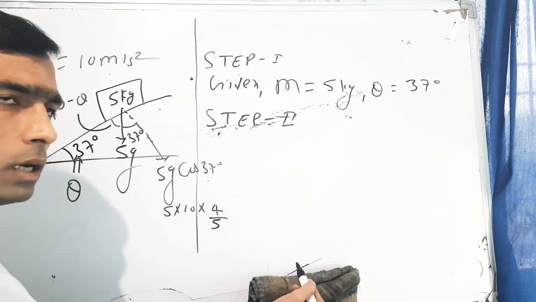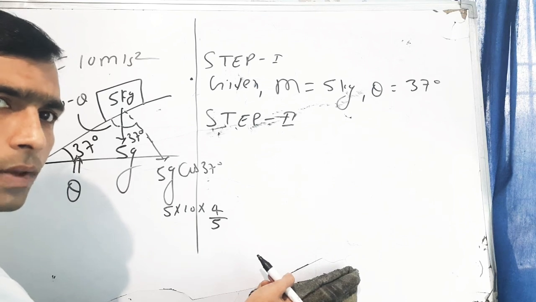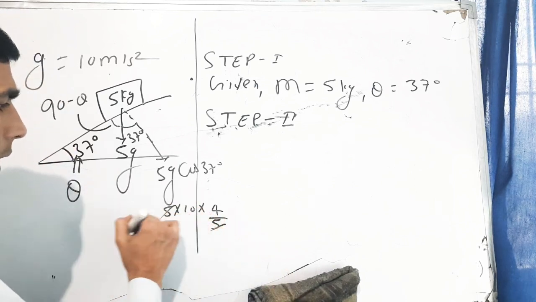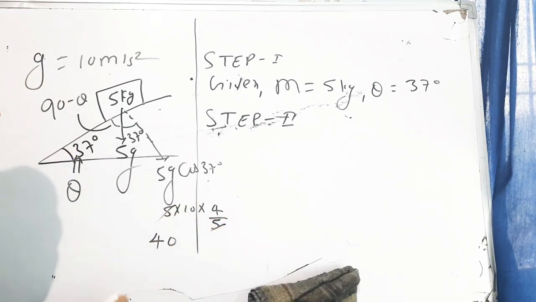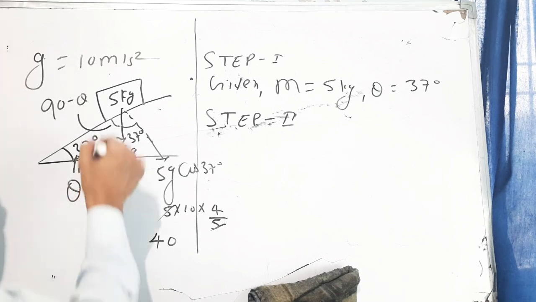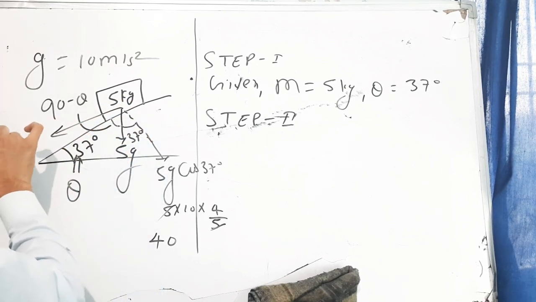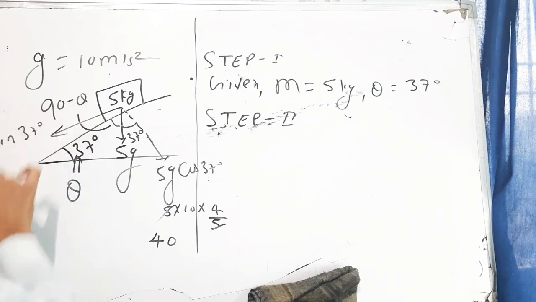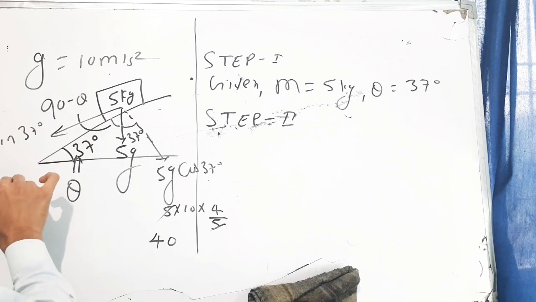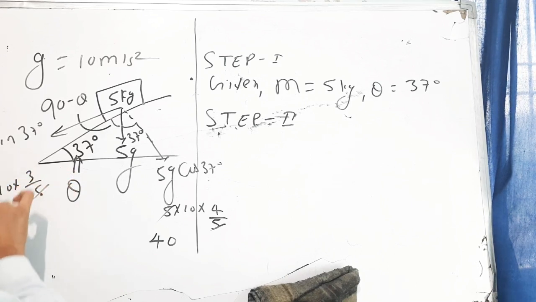You can watch the component vectors video. 5 cancels, basically you can say 40. And this is basically 5g sin 37. So this is 5 into 10 into 3 upon 5, which gets cancelled. This is 30, right?